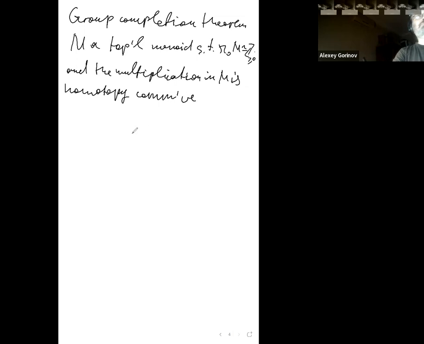And we also assume that the operation on M, the monoid operation, is homotopy commutative. What does this mean?